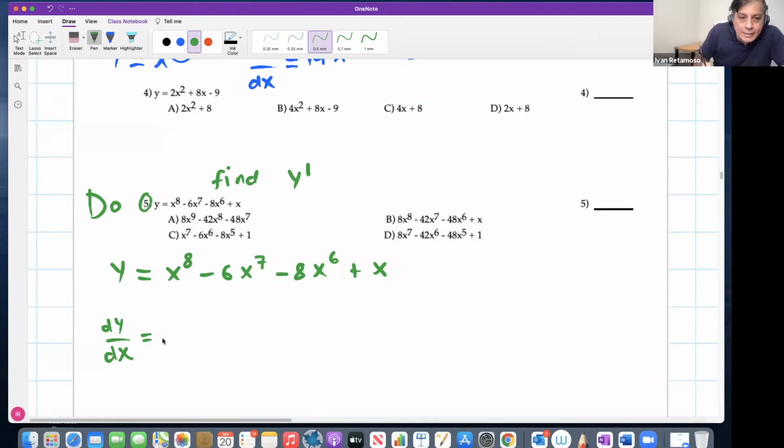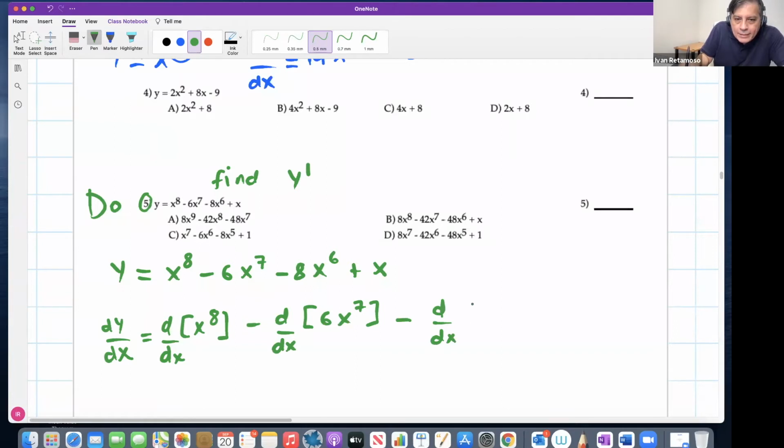You got it. So we have to take the derivative with respect to x of x to the 8, minus derivative with respect to x of 6x raised to 7, minus derivative with respect to x of 8x to the 6, plus derivative with respect to x of the identity function x, right?